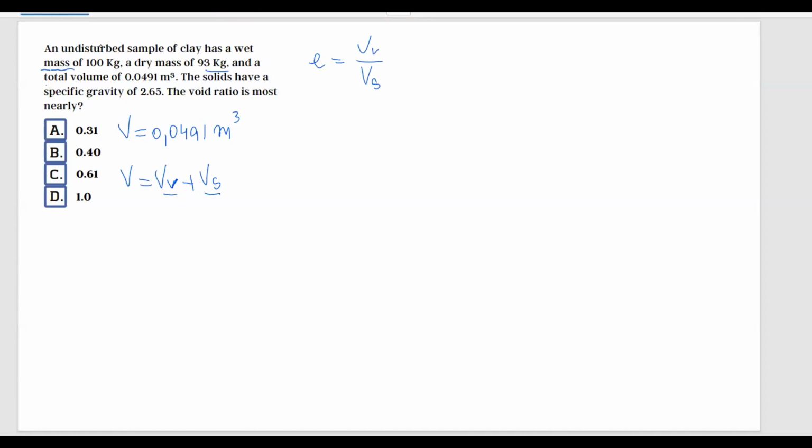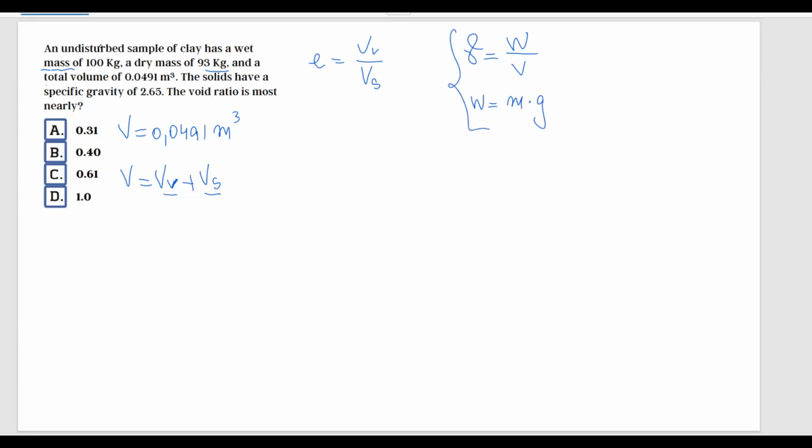I'm trying to point out: do not mistake the weight with the mass. What you know about the weight is that weight equals mass multiplied by g, which is gravitational acceleration.